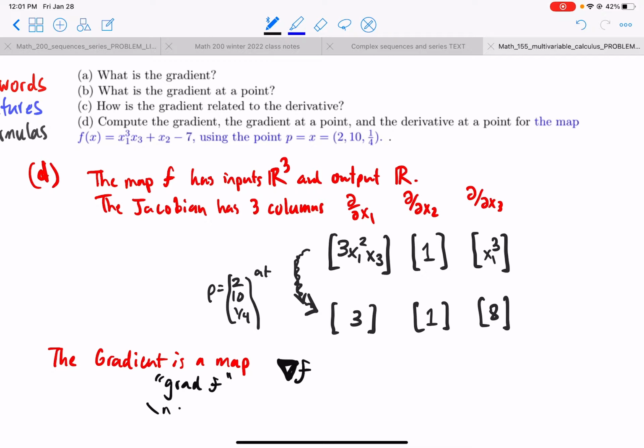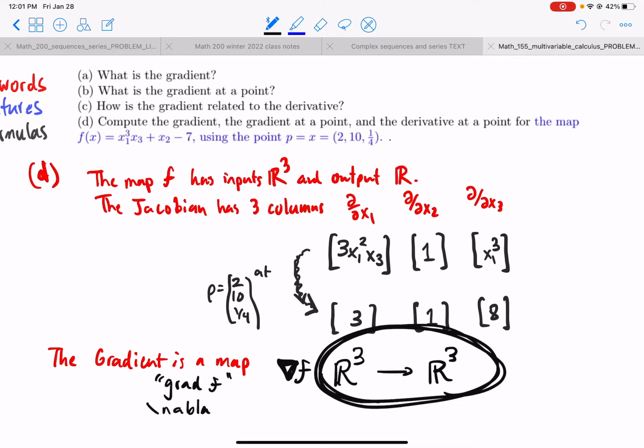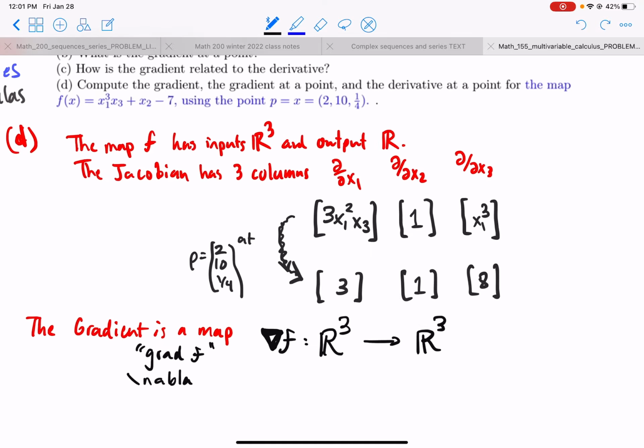Or I think \nabla will give you this symbol in Perusall, for example. Now, what is it a map? It's a map from R3 to R3. A good way to think about this is it's a map back to itself. In fact, the gradient will always have the same input and output space dimension. And what does it do?